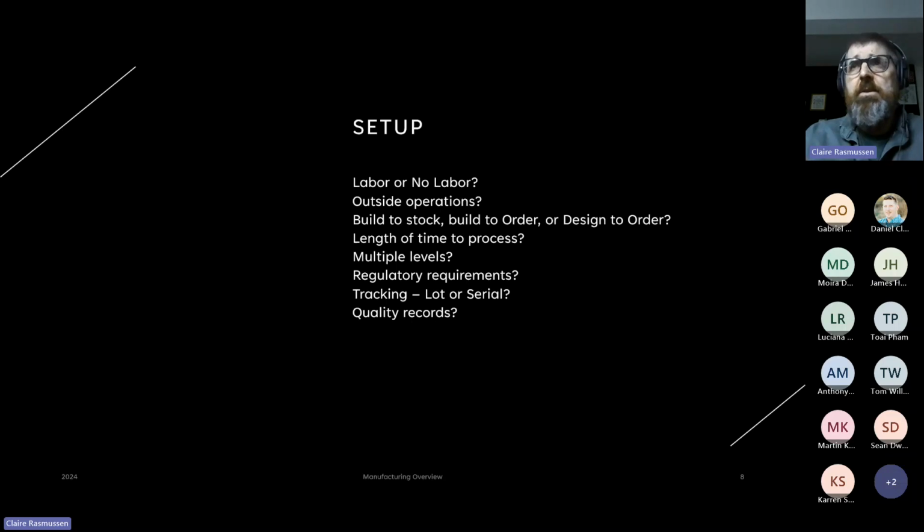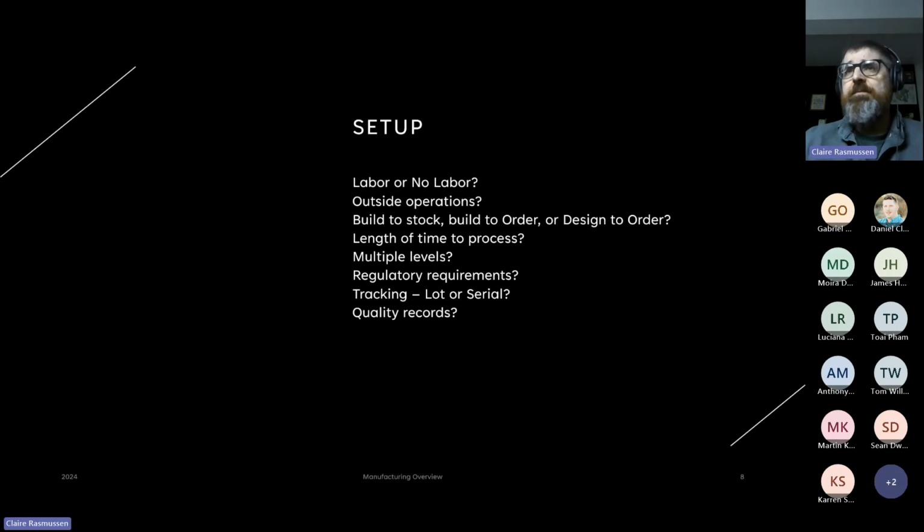Do you have multiple level assemblies, one assembly feeding into another assembly? Regulatory requirements, is there somebody requiring a bug stamp or a sign off on the paperwork, or do we have to keep records? A good way to do that is to scan the MO Traveler when you're doing the finished production and attach it as a document.